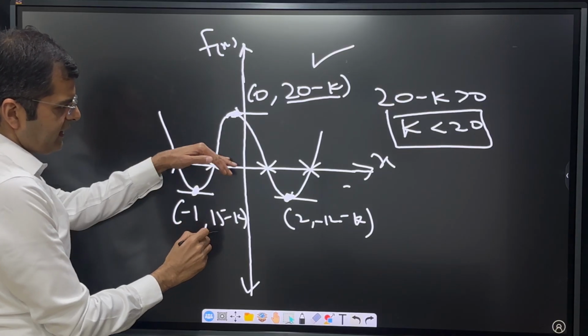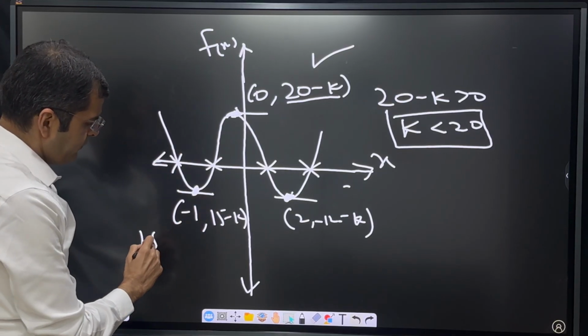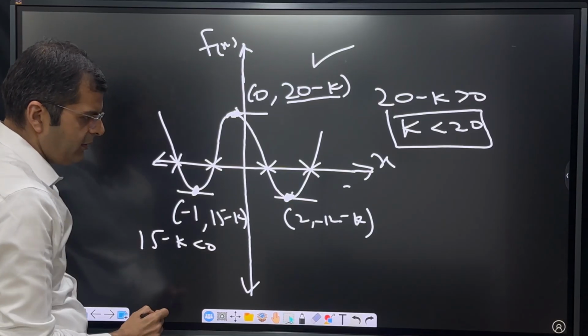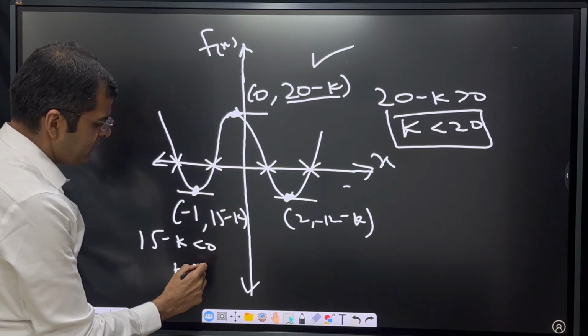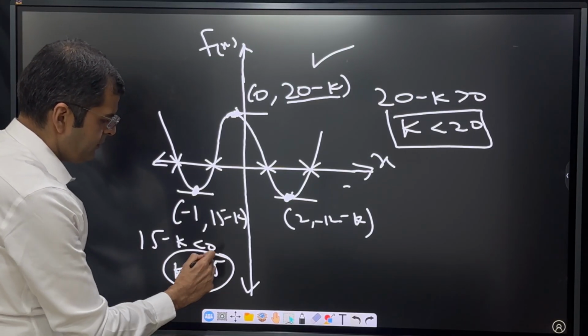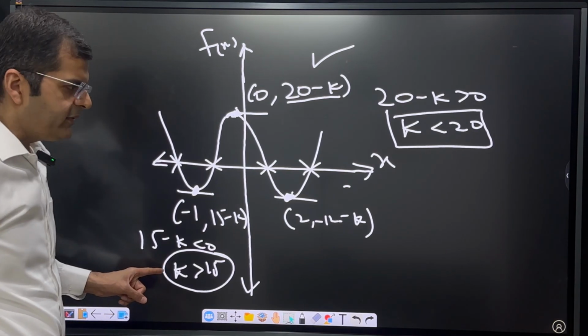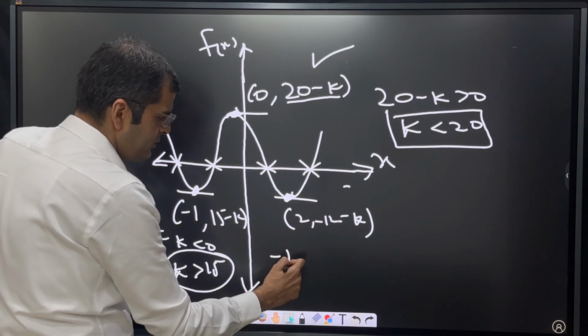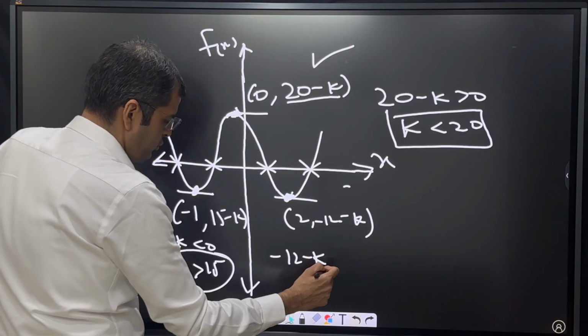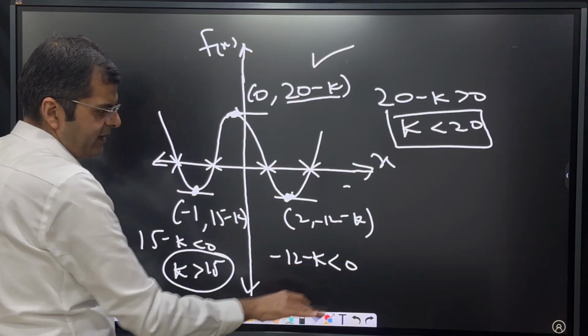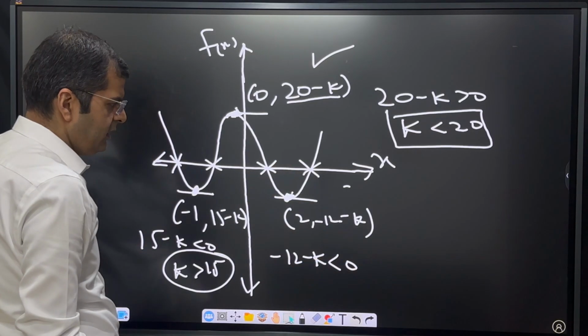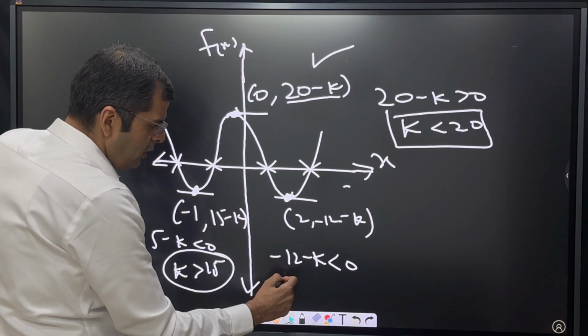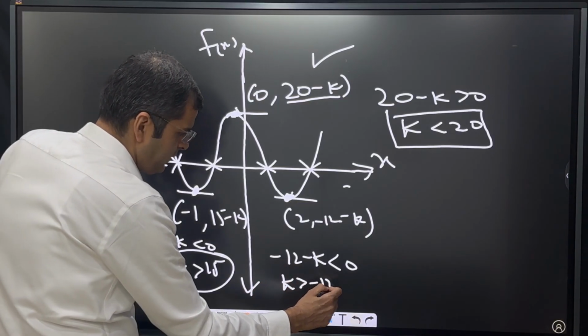Here, 15 minus k is lying below the x-axis. So 15 minus k should be less than 0. Or you can say k has to be greater than 15. Similarly here, minus 12 minus k has to be also less than 0, because it is lying below the x-axis. Or you can say k is greater than minus 12.